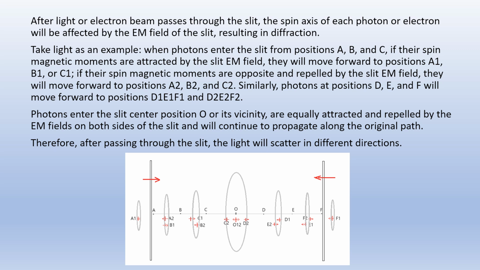Photons that enter the slit center position O or its vicinity are equally attracted and repelled by the EM fields on both sides of the slit, and will continue to propagate along the original path. Therefore, after passing through the slit, the light will scatter in different directions.